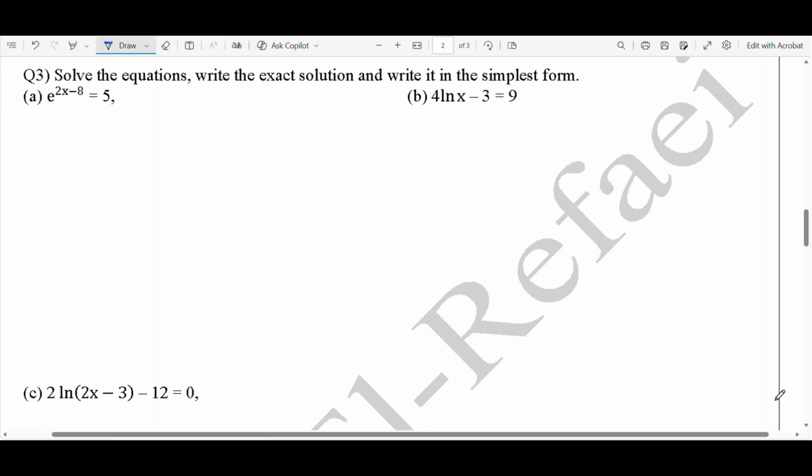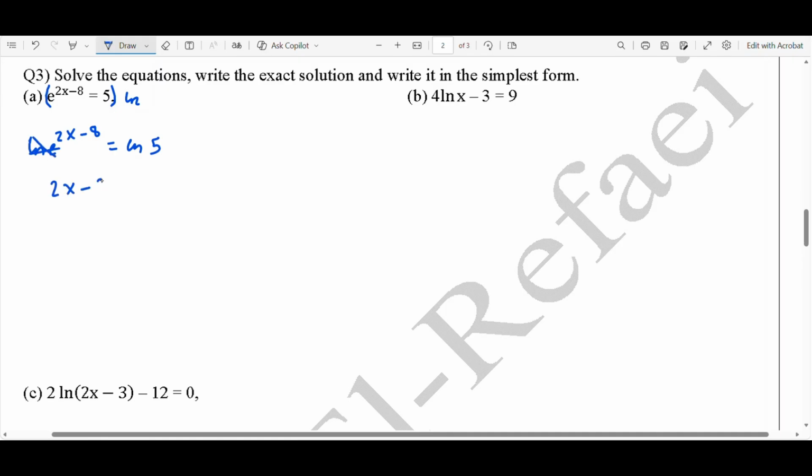The problem is that I have a power 2x minus 8, and this power is on the letter e. What do I have to do? What is the inverse of e? It's ln. I'm going to take ln of both sides. ln e to the power 2x minus 8 equals ln 5.